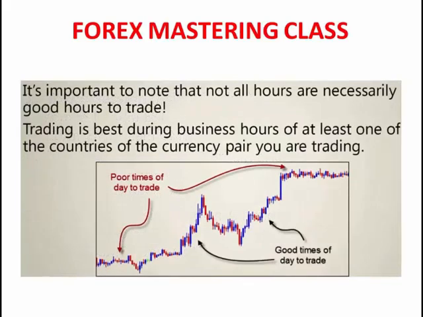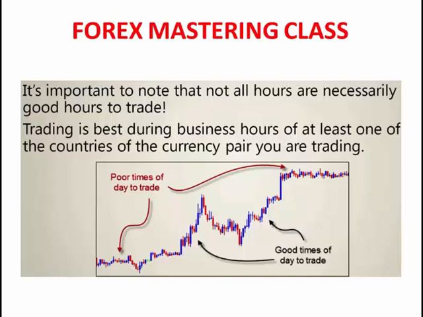It is important to know that not all hours are necessarily good hours to trade. Trading is best during business hours of at least one of the countries of the currency pair you are trading. So you must identify which currency pair you want to trade. Is it GBP/USD? Then ensure that you are in the London session, or the US session, or the period between.